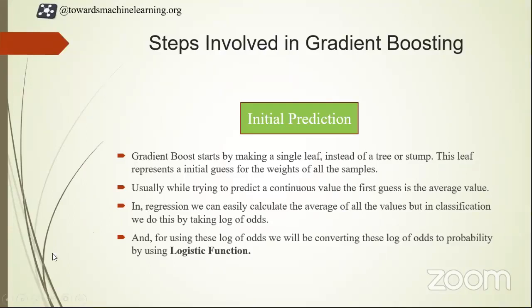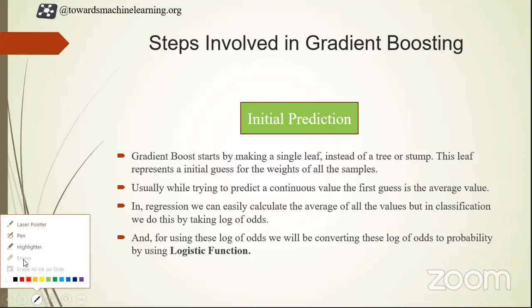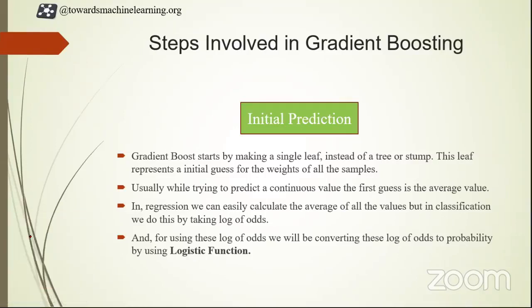If you have learnt about logistic regression, you know what this logistic function is. We have something like this. This is our probability, 0.5.